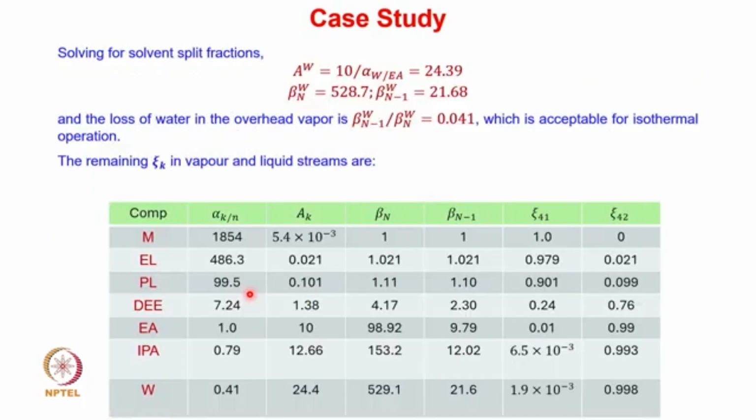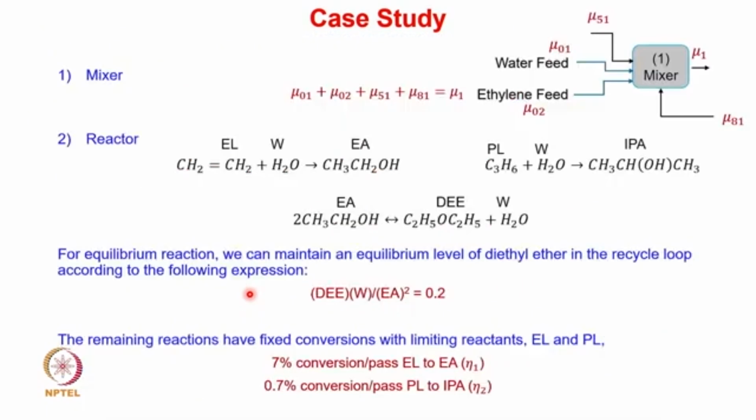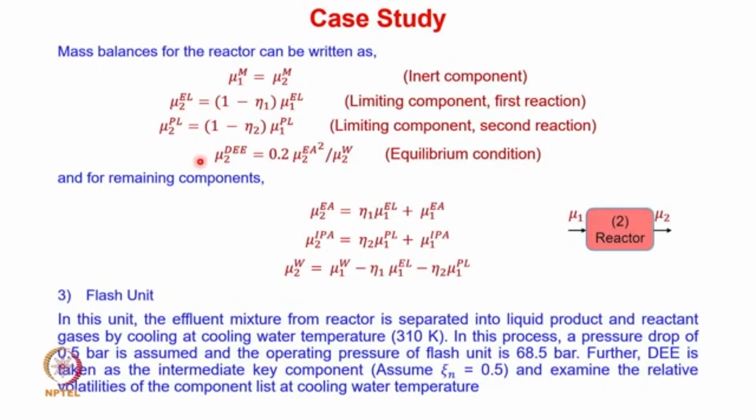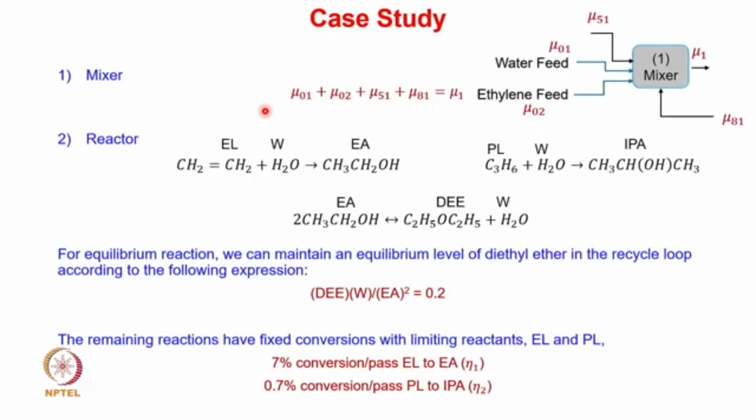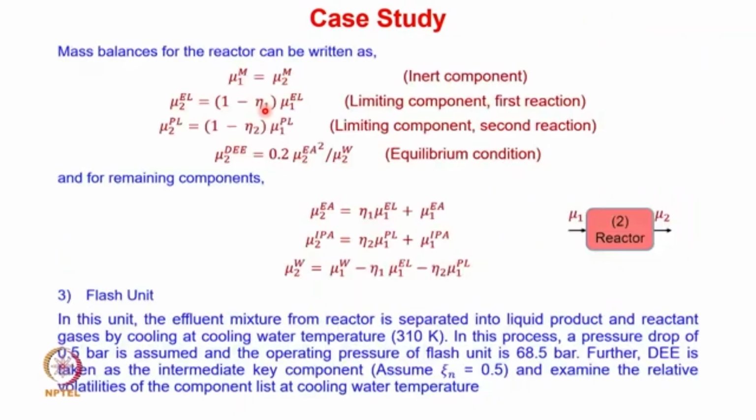Mu2 EL, if you look at the reactor equations, is given as 1 minus eta 1. Eta 1 is the conversion of ethylene. Conversion of ethylene is given as 7%, so that means 93% is unconverted.